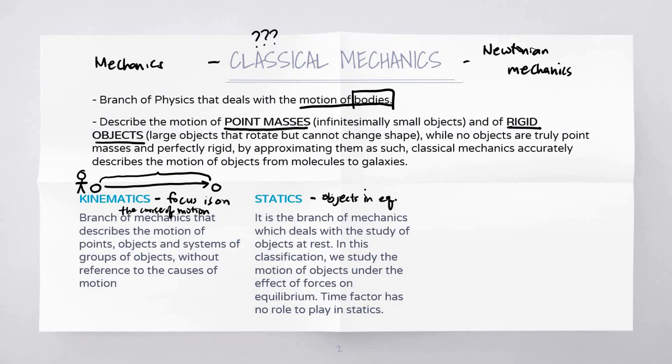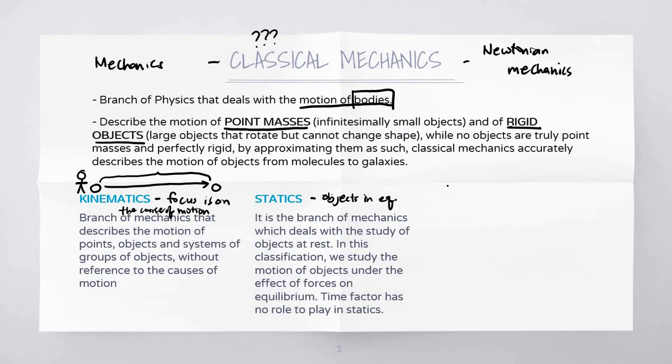So why are objects in equilibrium such a thing in statics? Because in statics, we will deal with objects that are not moving. Since they attain a state of stability, they are obviously in equilibrium, and we'll try to understand why they are stable, or why they do not move. All right, so that's on statics.